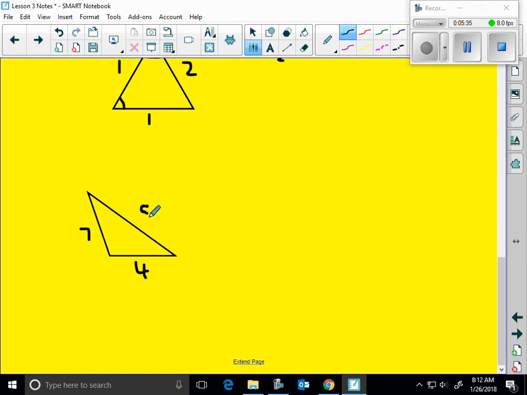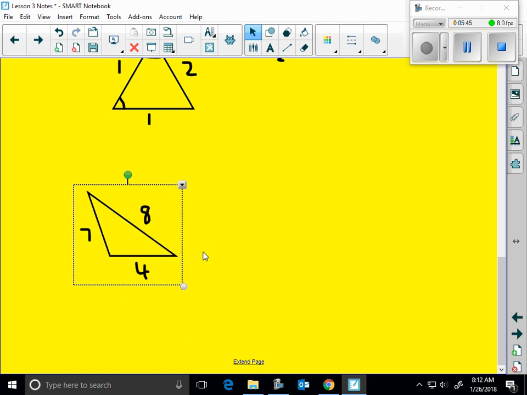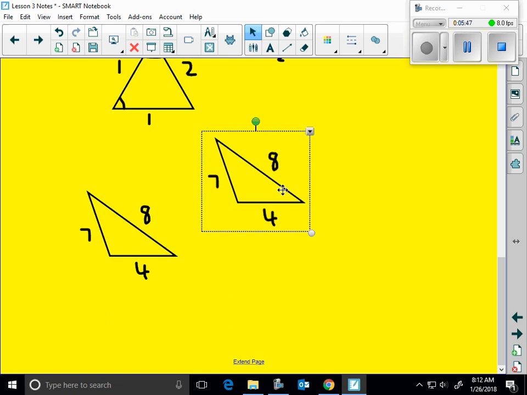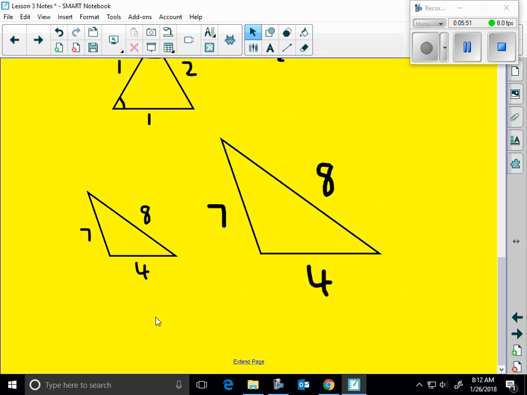Yeah. 8. Yep, works for me. Okay. Let's say I take this triangle. I know all 3 sides, but I know nothing about the angles. Nothing about the angles. And then I expand it. Did the angles change? No. Let's say that I scaled this by a factor of 2.